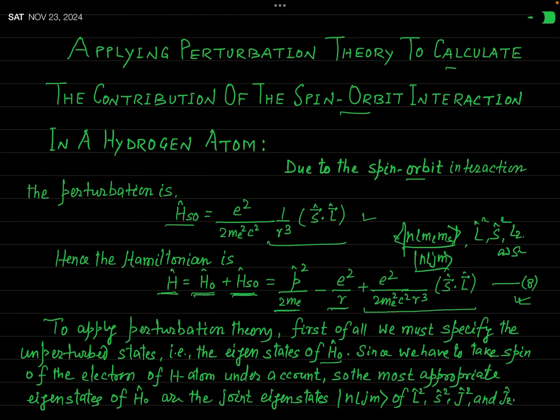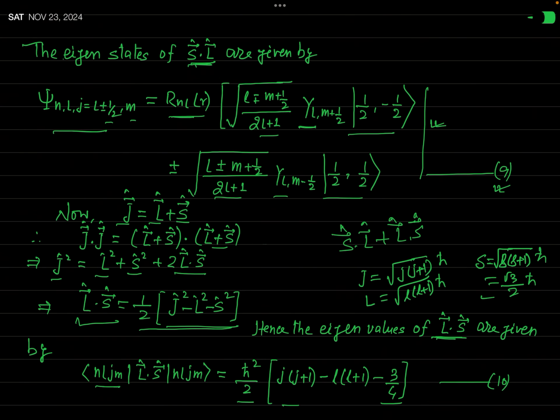Since this is H naught plus H SO, the eigenvalue of H will be the eigenvalue of H naught plus the eigenvalue of H SO. Okay, and this is the eigenvalue of L dot S.